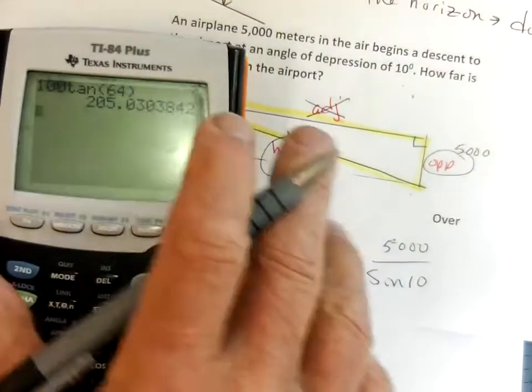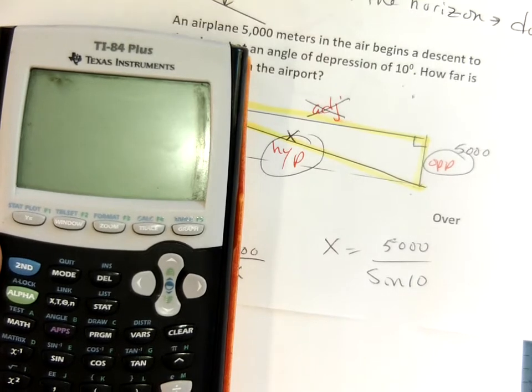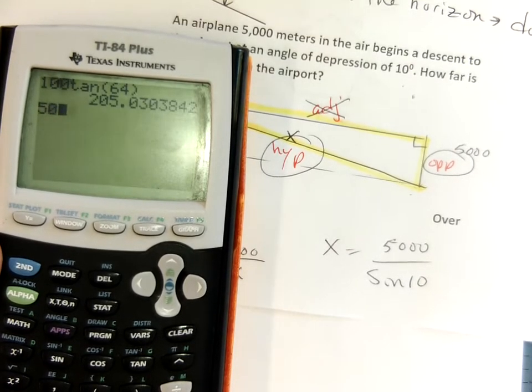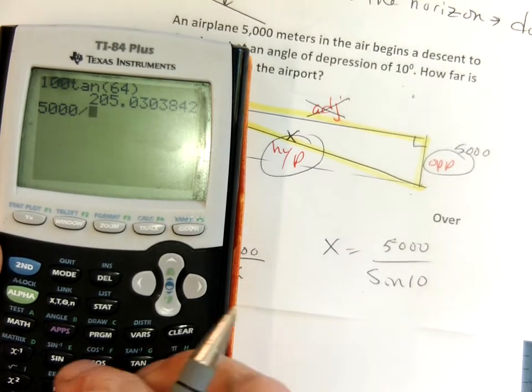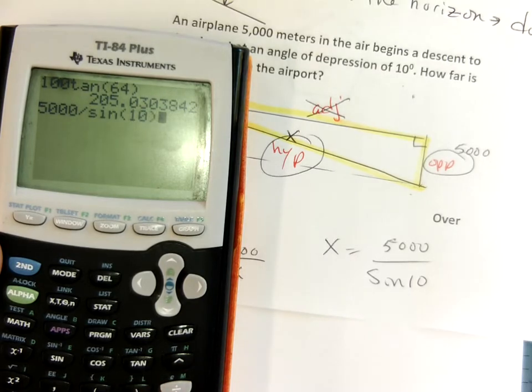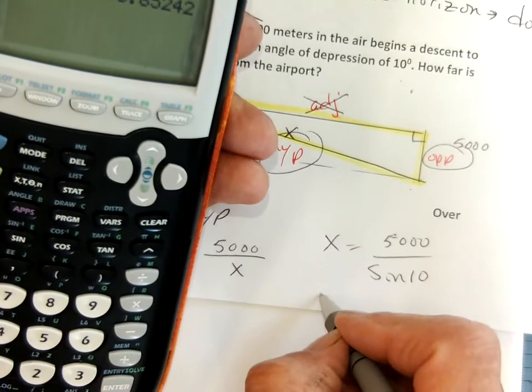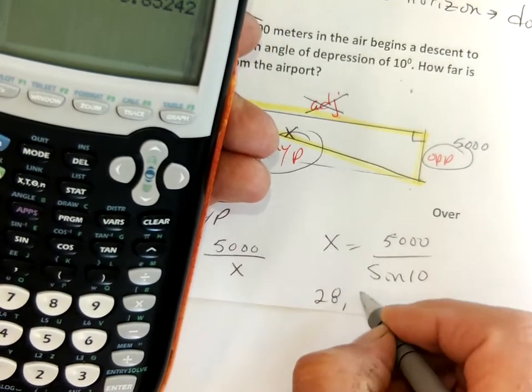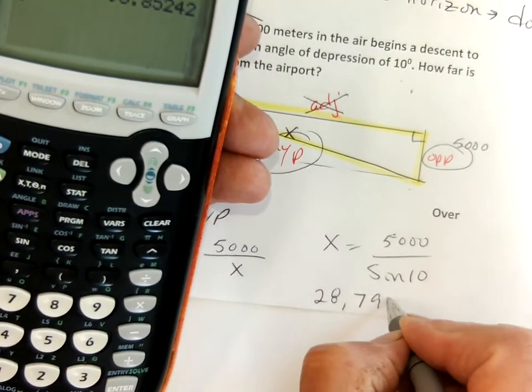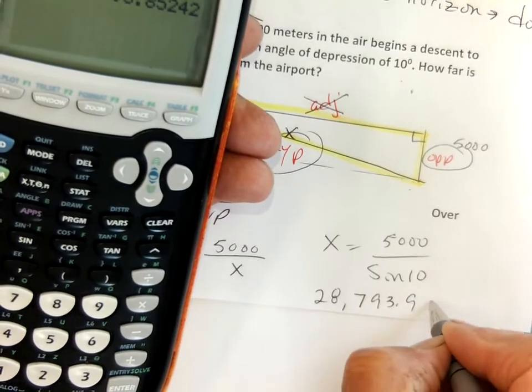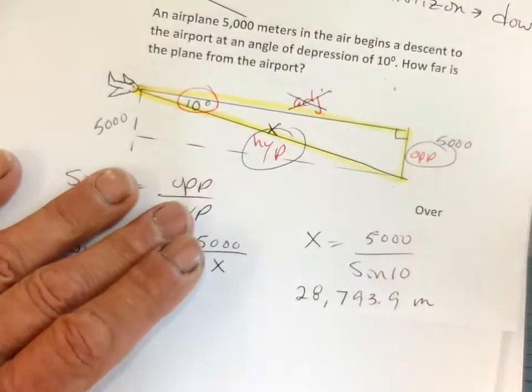I'm just going to use my calculator. 5,000 divided by sine of 10, and I get an answer about 28,000. This is in terms of meters, so it's 28,793.9 meters to go, okay?